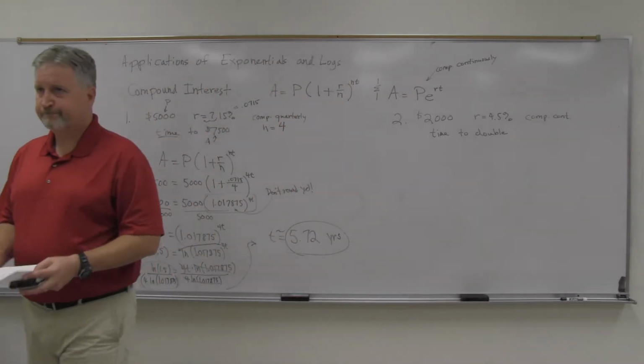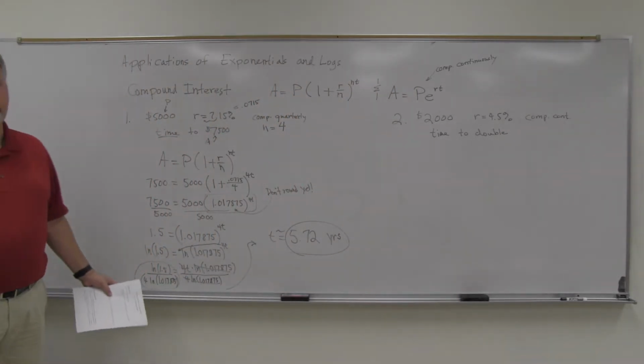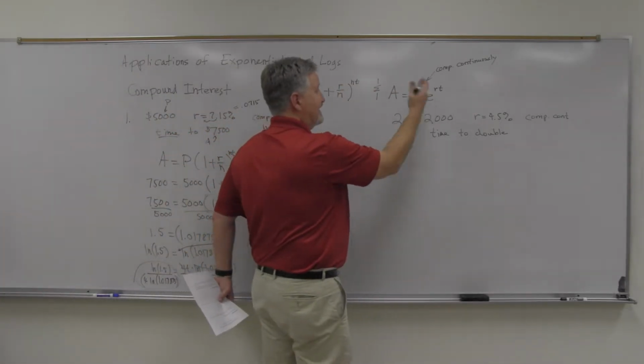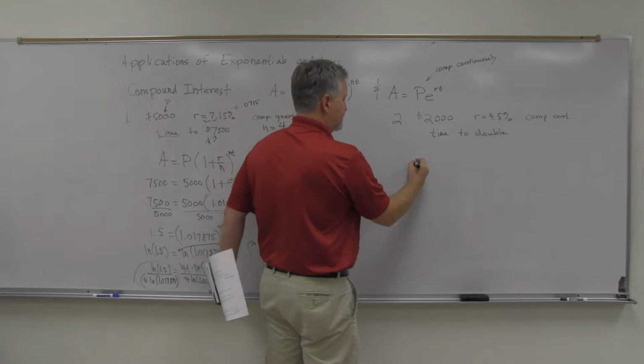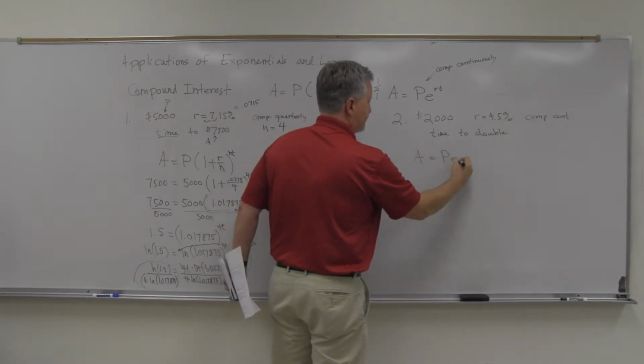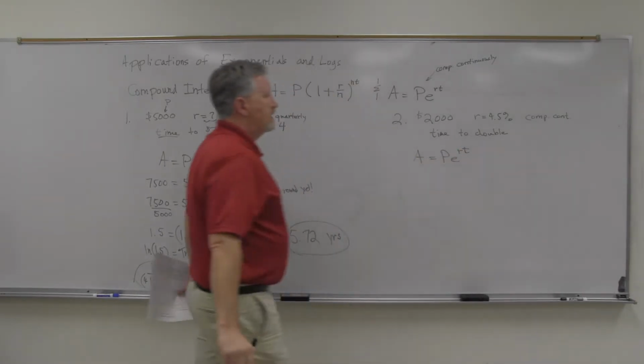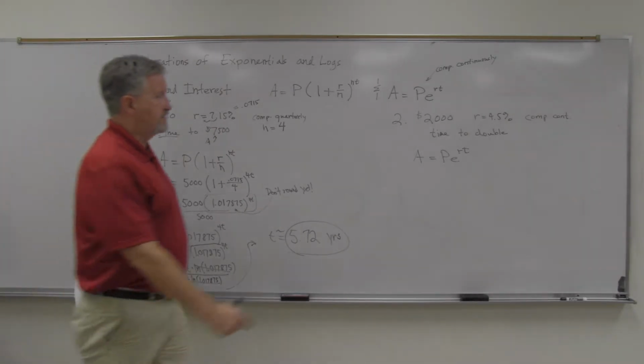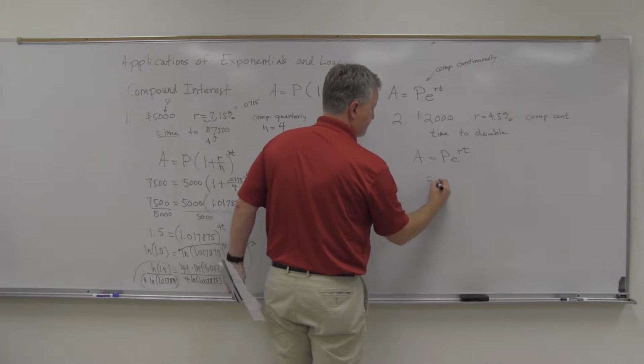Well, in this one, we've got compounding continuously. And so like we just said, if it's compounding continuously, it's the PERT formula, right? A equals P e to the rt. The amount I start with is P, so that's the 2,000.